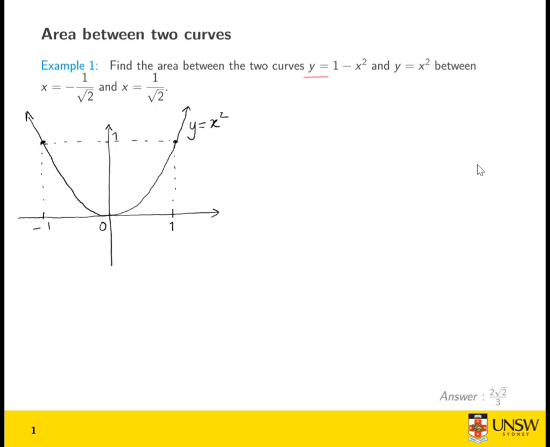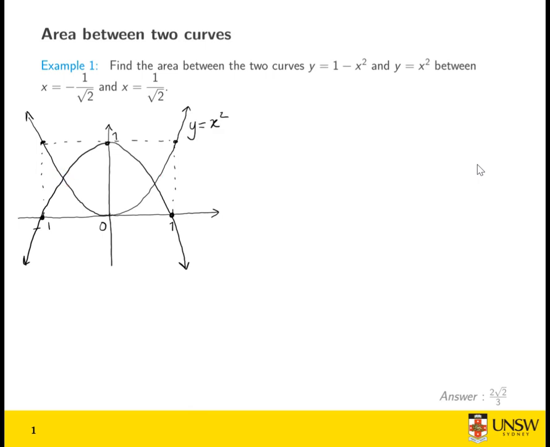The graph y equal to 1 minus x squared is a parabola opening down. Its x-intercepts are negative 1 and 1. The x-coordinate of the vertex is given by minus b over 2a, and of course, since b is 0, there's no coefficient with x, it corresponds to 0. So this is what it looks like.